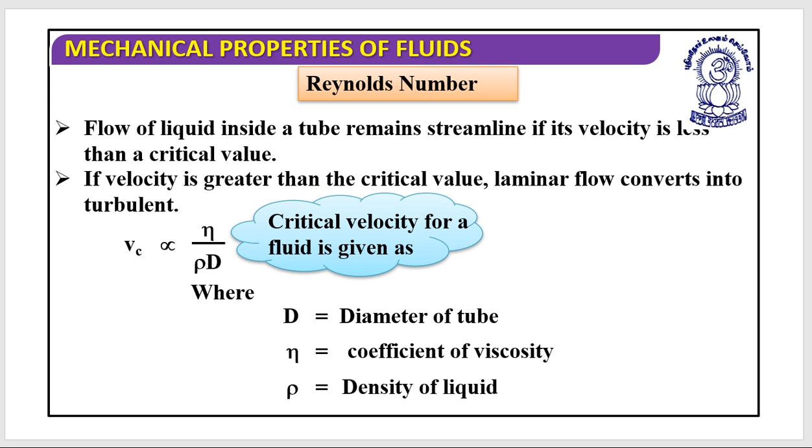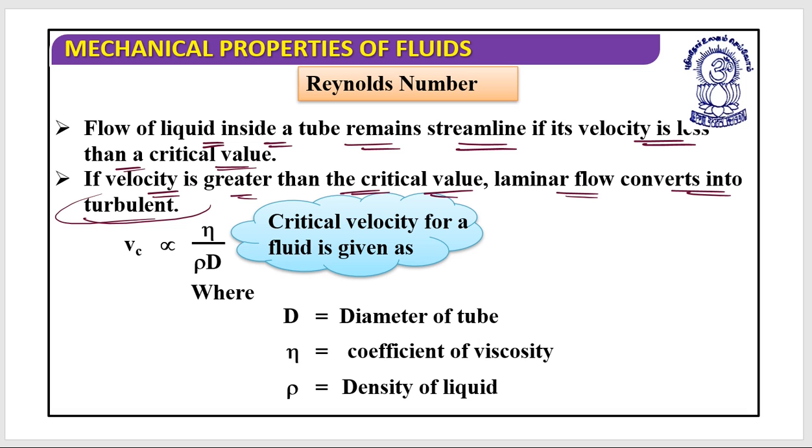So flow of liquid inside a tube remains streamline if its velocity is less than a critical value. But if velocity is greater than the critical value, then laminar flow converts into the turbulent one. So it is basically a critical velocity which determines whether this flow is a streamline one or the turbulent one.